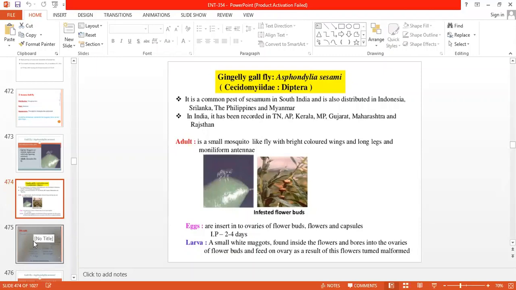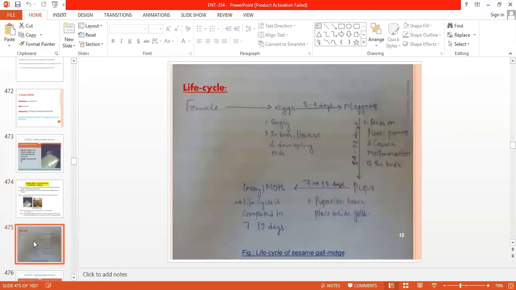The gallfly deposits eggs on flower buds, flowers, and developing capsules. Incubation period is 2 to 4 days. Maggot period is near about 14 to 21 days. Pupal stage of that pest is inside the galls caused by the maggot.